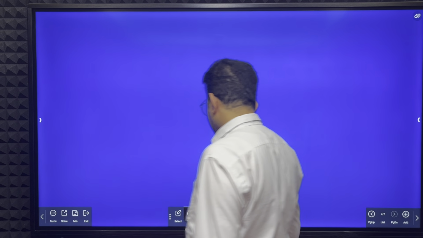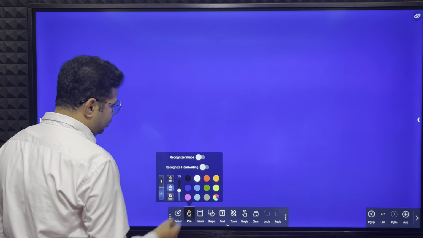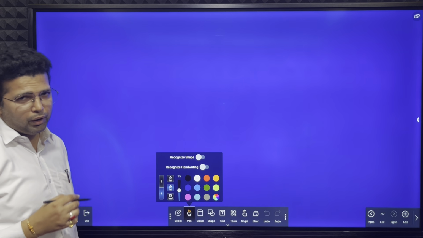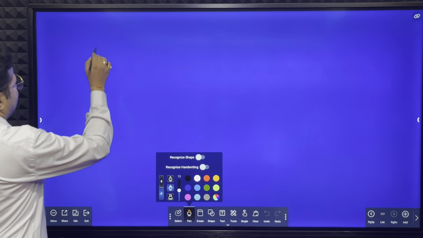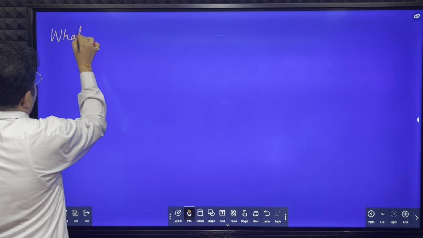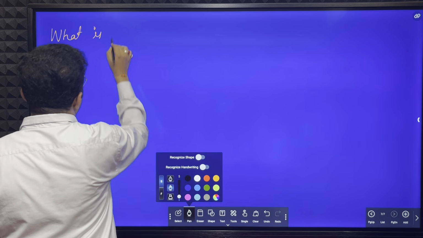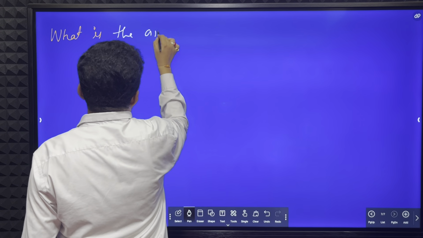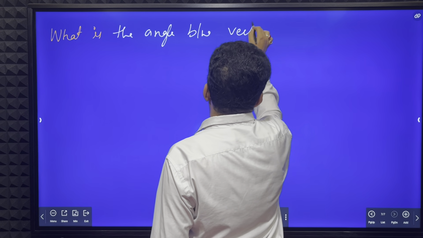Now I'll give you one problem. Those who got the answer, please write it in the comment section. What is the angle between vectors?